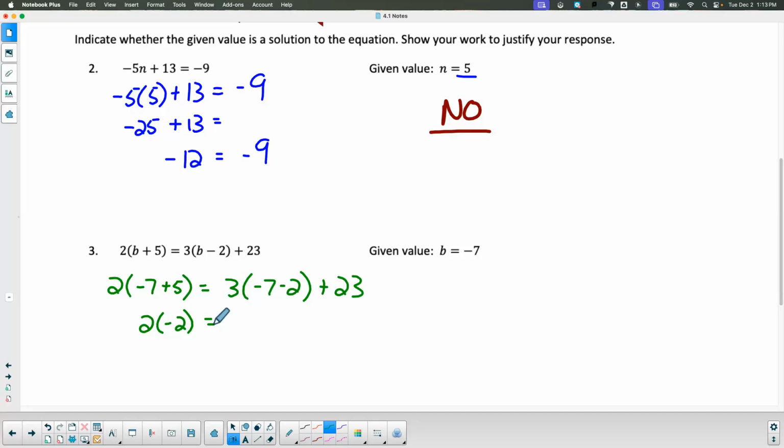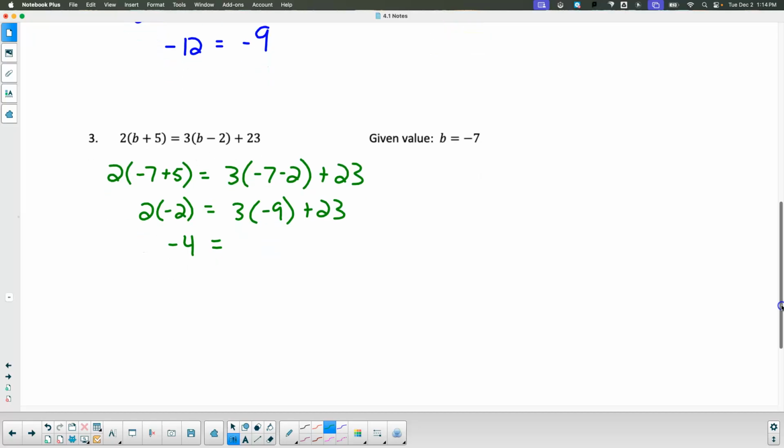Negative 7 minus 2 is negative 9. 2 times negative 2 is negative 4. 3 times negative 9 is negative 27. Negative 27 plus 23 is negative 4. Negative 4 is equal to negative 4. So yes, negative 7 is the solution to that one.